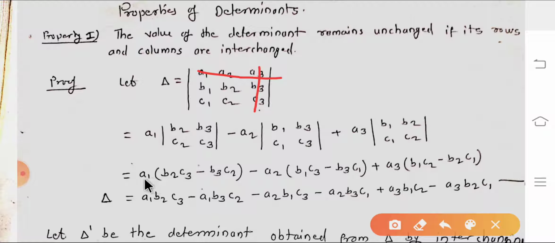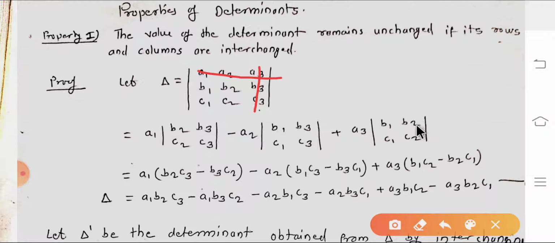So that is equal to a1 into bracket, by cross multiplication, b2 c3 minus b3 c2, minus a2 into bracket b1 c3 minus b3 c1, plus a3 into bracket b1 c2 minus b2 c1. This is cross multiplication.